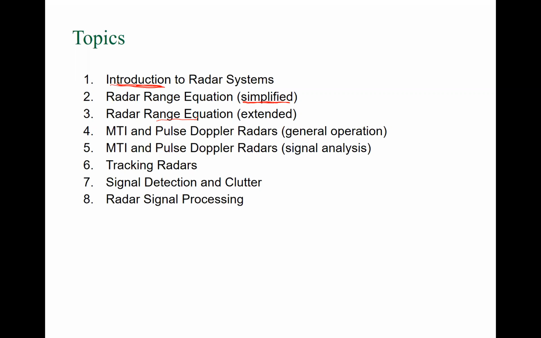Then 2 different radar types will be studied in detail. These are moving target indicator radar and pulse Doppler radar. First, we'll be giving the general operation of these radar systems, and then we will look at signal analysis: what kind of receiver structures or signal analysis techniques are used in MTI and pulse Doppler radar.